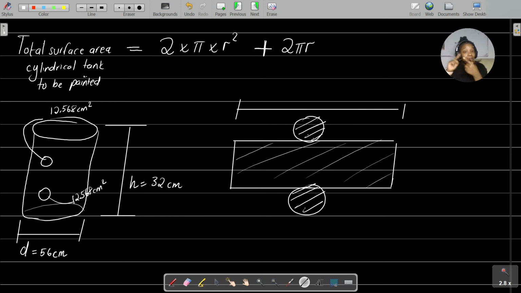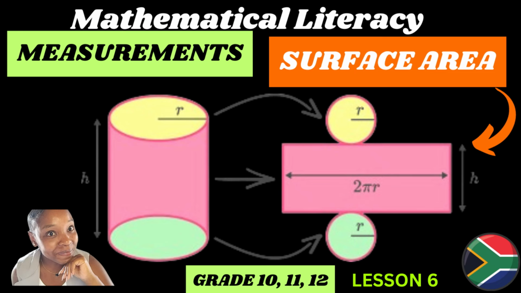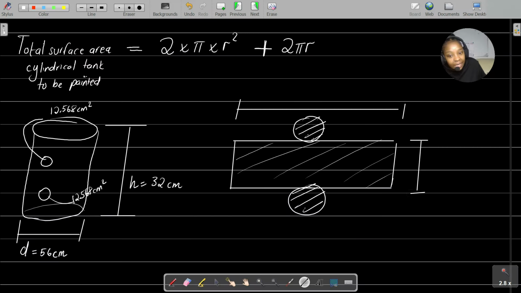It's the circumference of your circle, the circumference of the cylinder. It's 2 pi r, it's length. Please watch this video if you don't know what I'm talking about. Multiplied by that height there. So this is 2 pi r multiplied by height. That is how we calculate the curved area of your cylinder.